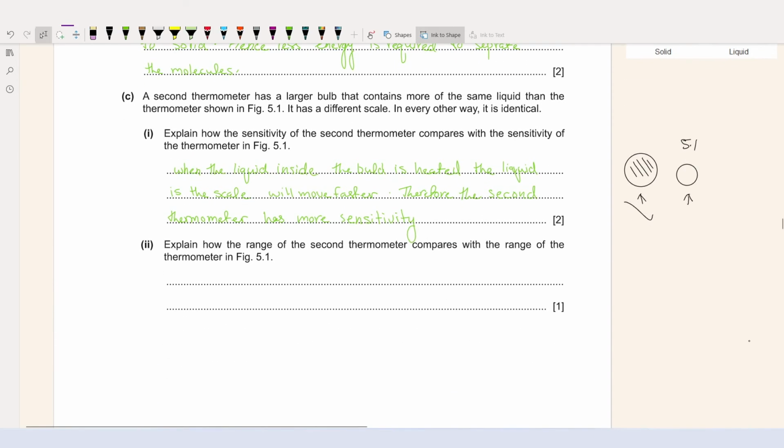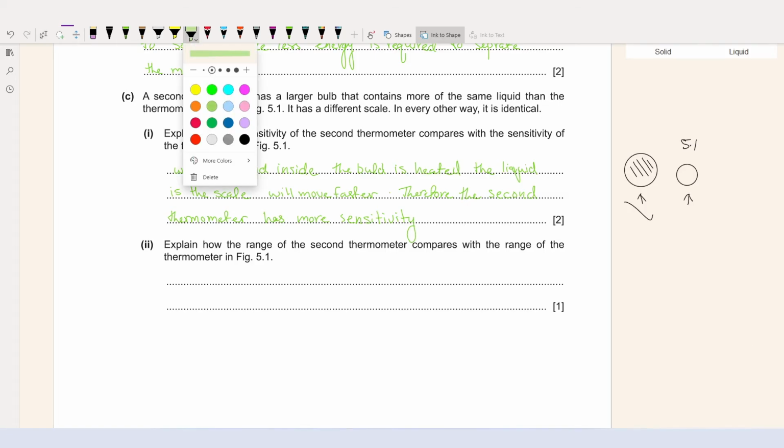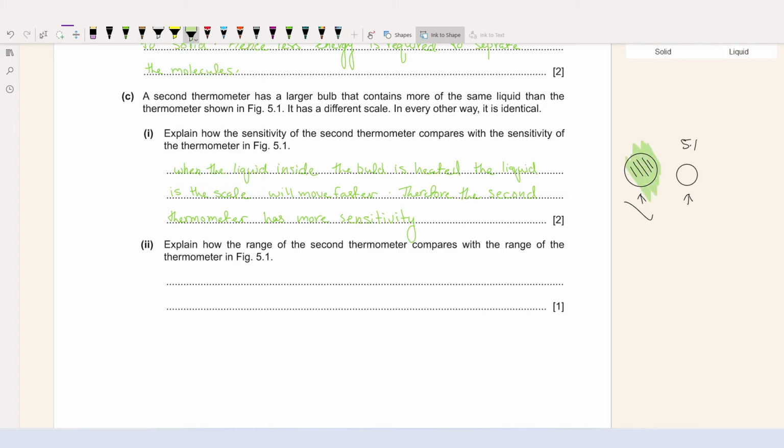Part 2 says explain how the range of the second thermometer compares with the range of the thermometer in figure 5.1. We can see that if we apply the same amount of heat on this bulb and this bulb, the liquid in this bulb will increase more than the smaller bulb. That's why the range for the bigger bulb will be less.